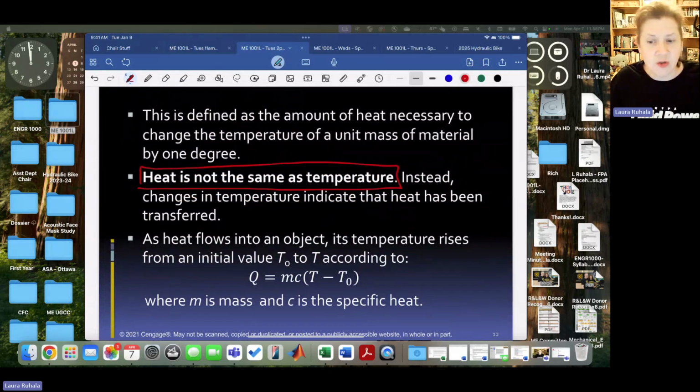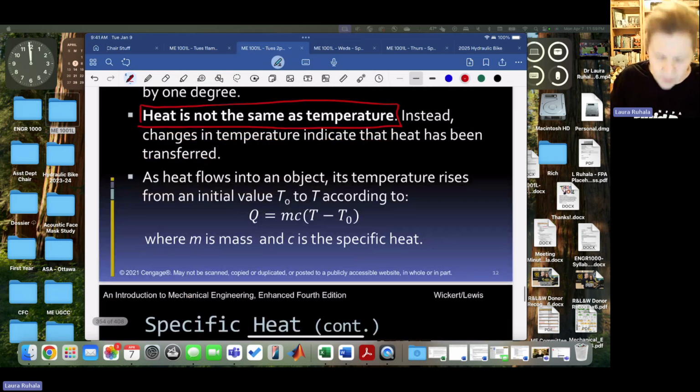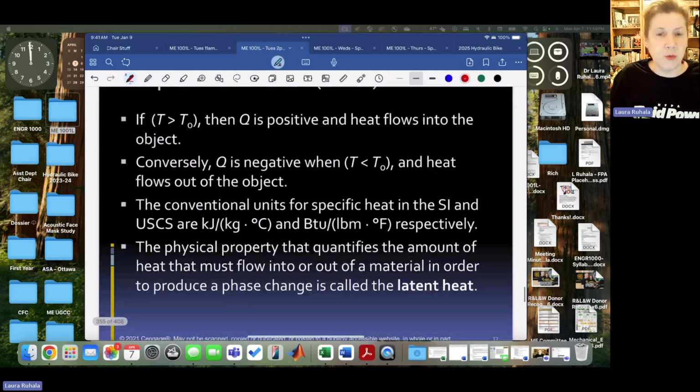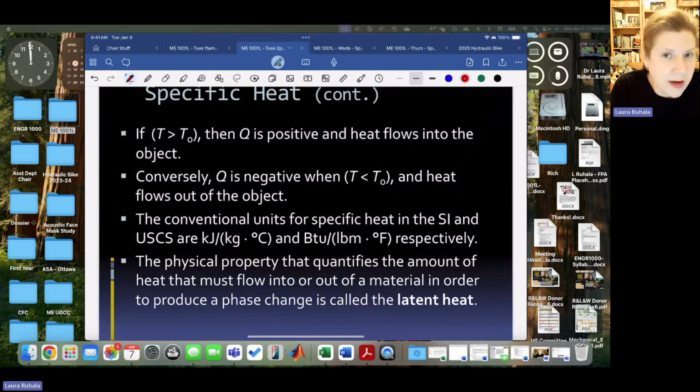Changes in temperature indicate that heat has been transferred. As heat flows into an object, its temperature rises from an initial value to a final value, according to this equation, where M is mass and C is the specific heat. If the final temperature is greater than the initial temperature, Q is positive, and heat flows into the object.